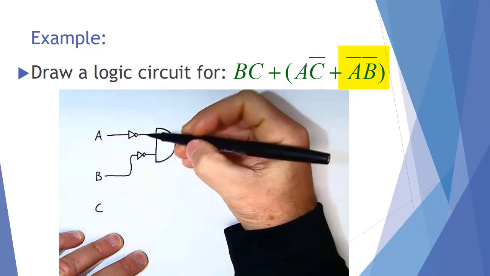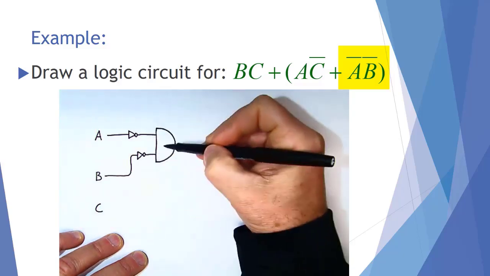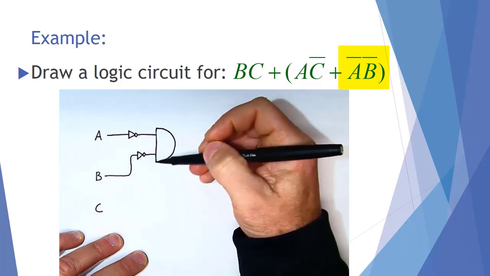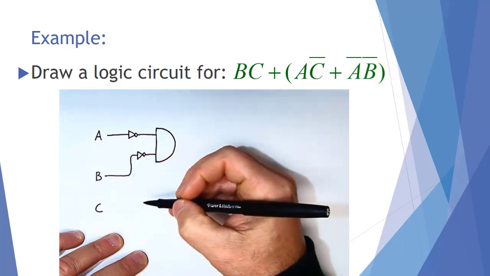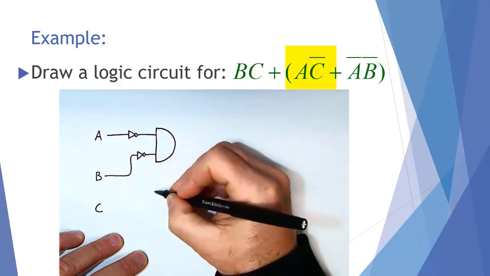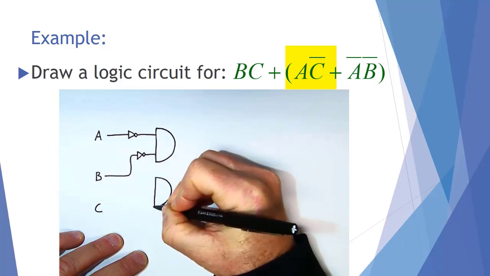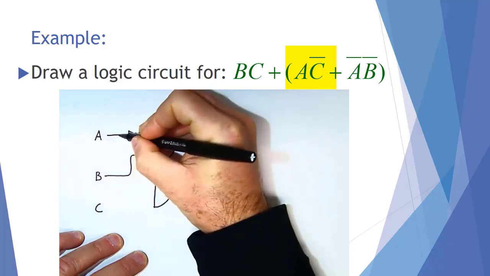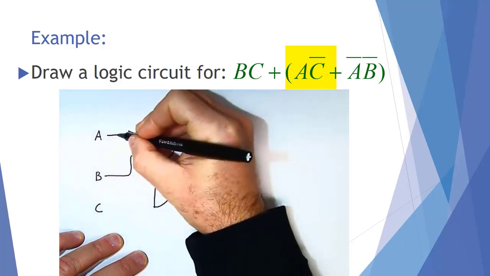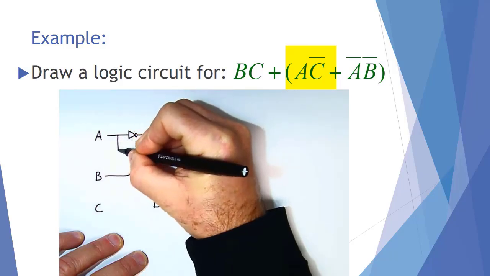Okay, so we just took care of A naught and B naught. Now we also have A and C naught in an AND gate, and so let's put another AND gate right next to that. And the inputs here are A. Now I don't want a new A. I'm going to tap off the A that we already had before it's inverted.